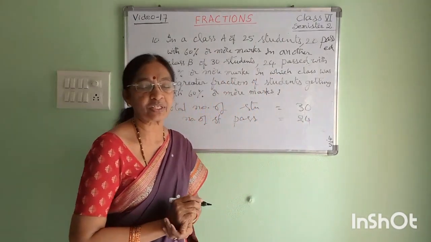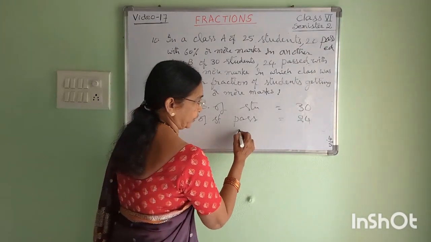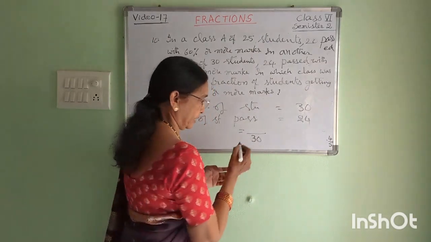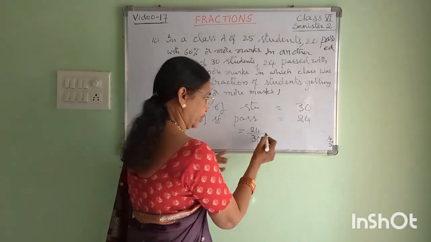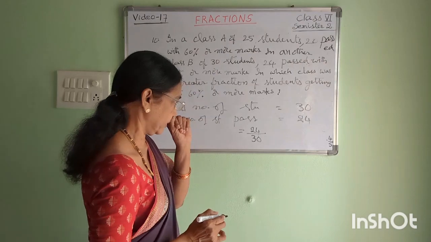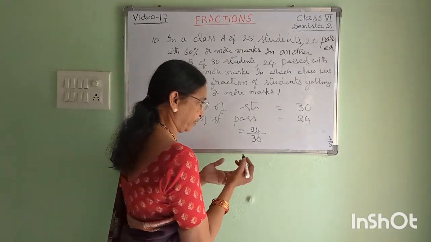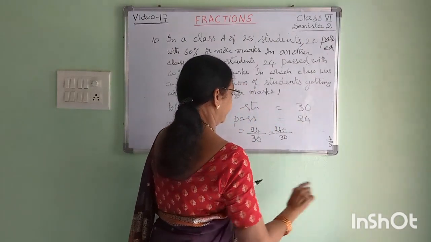Therefore, the fraction of the students passed with 60% or more is 24/30, with the total number of students as the denominator. Converting it to simplest form, 6 is a factor of both 24 and 30.